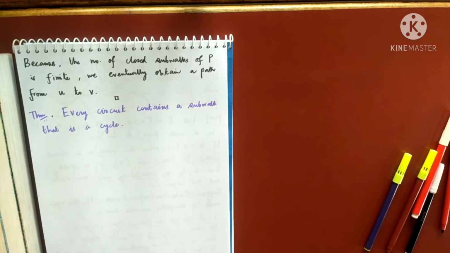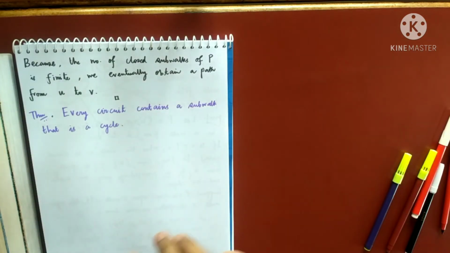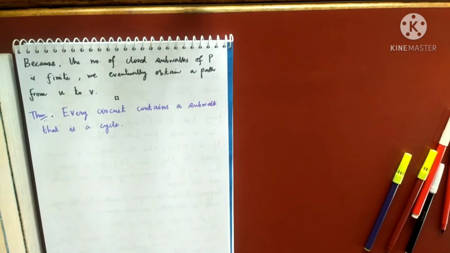Because what is a circuit? It has no repeated edges, right? Yes. That was the definition of a circuit, a closed trail having no repetition of edges. And what was a cycle? No repetition of edges and no repetition of vertices. So keep in mind, how can you get a cycle from a circuit? You remove all the repeated vertices and you are done with the cycle.